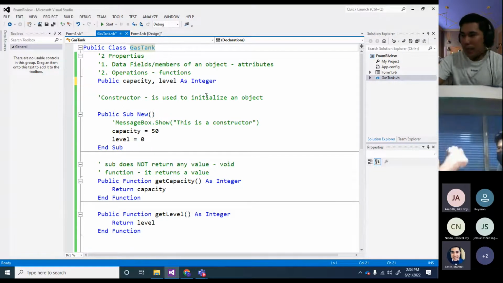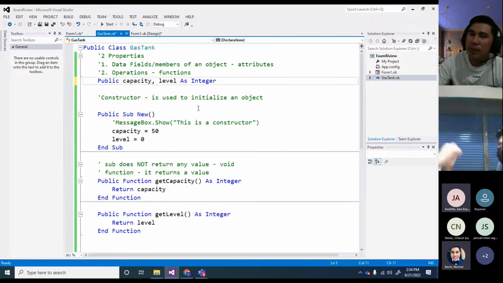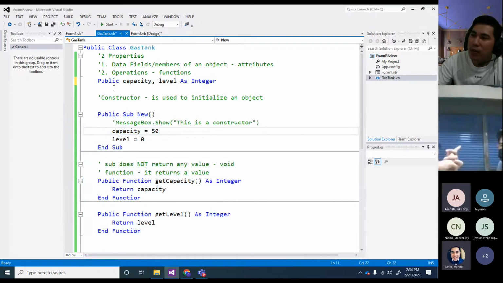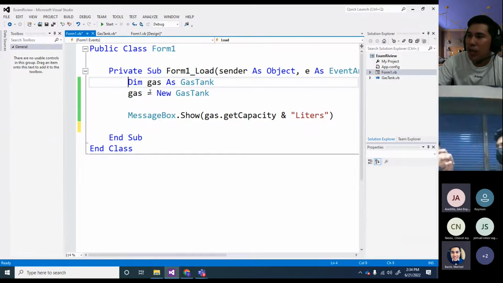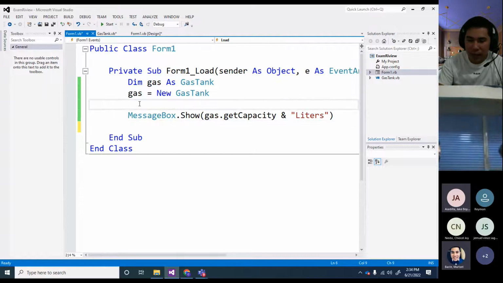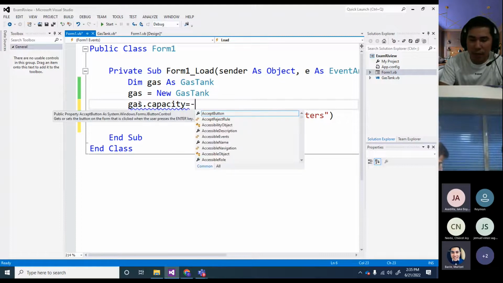Pero, para mas masabtan ninyo, in programming, it's important for us to encapsulate or make this one as private. So, example lang ha, if I'm going to make this, let's say capacity, level, etc. In here, ibutang na ako siya dire, kay ma-access man ako, pwede na ako ibutang na gas dot capacity is equal to negative 500.